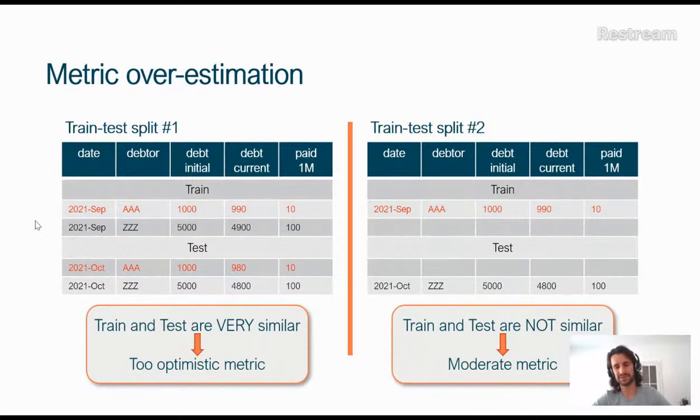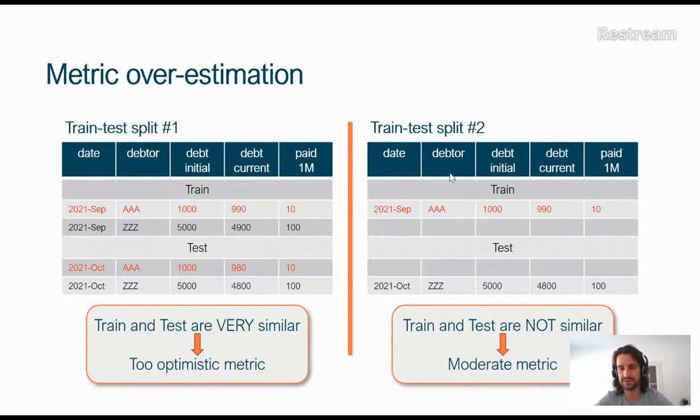And that's how I could make it a bit harder. For example, in the train, I could leave only the first customer, customer A, and in the test, I won't put the same customer. I would leave only the customer Z. In this way, the model won't be able to overfit on the same values, on the same features, and it will have to somehow guess the real general interconnections between features and targets.